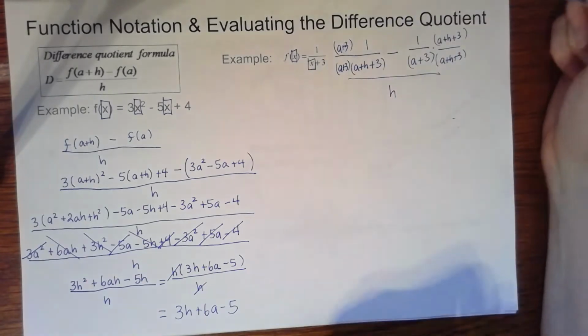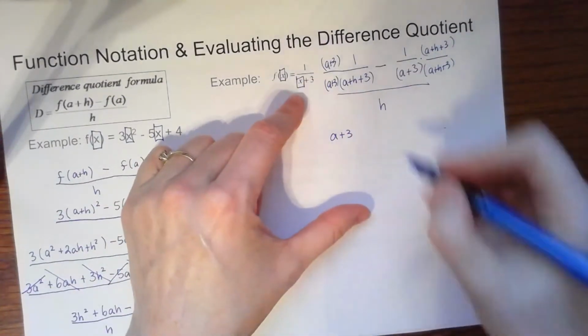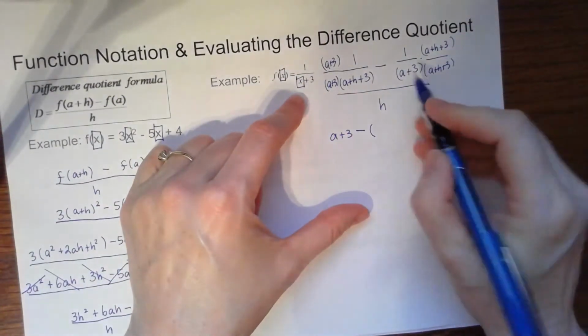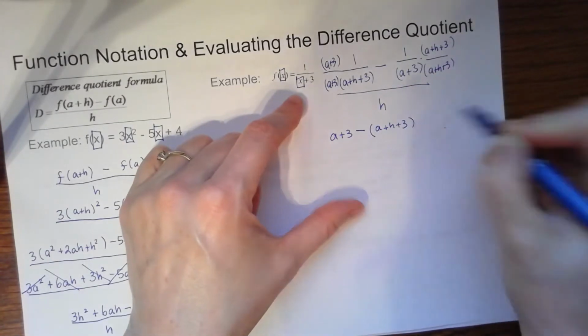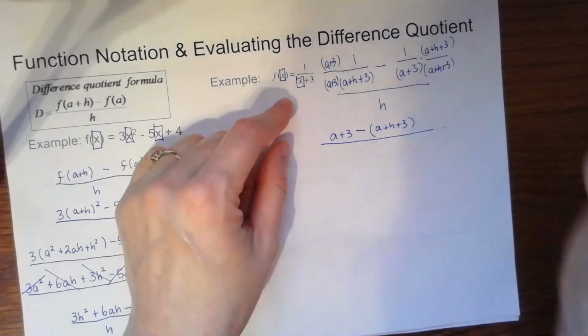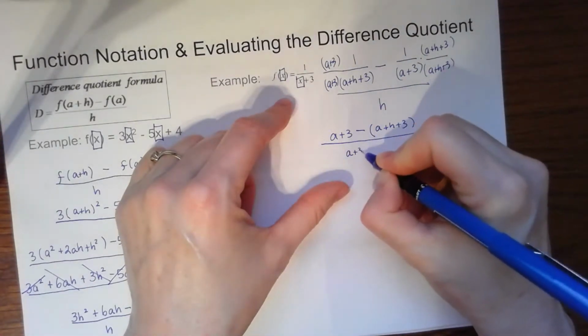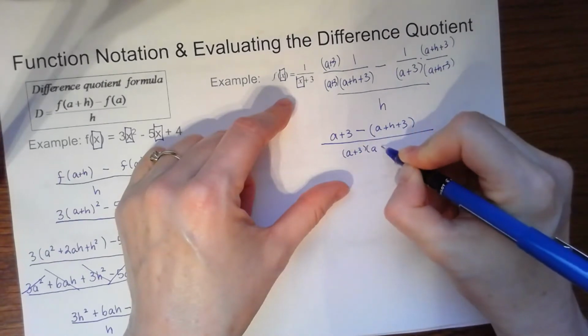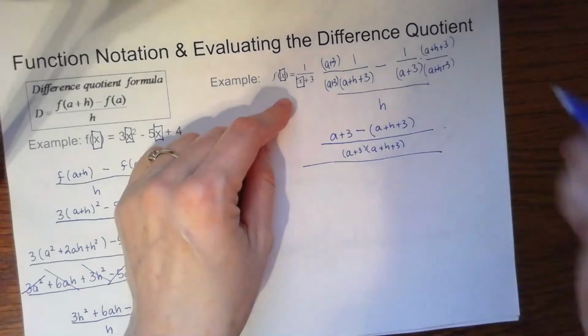And that'll give me a common denominator. All right, so I've got a plus 3 times 1, and then minus 1 times a plus h plus 3. Okay, all over the common denominator of a plus 3 times a plus h plus 3, and this whole thing divided by h.